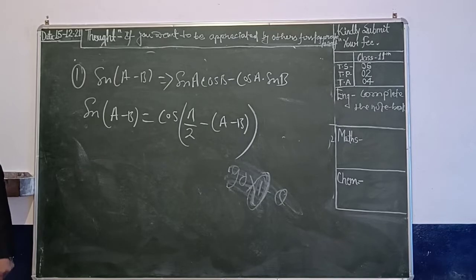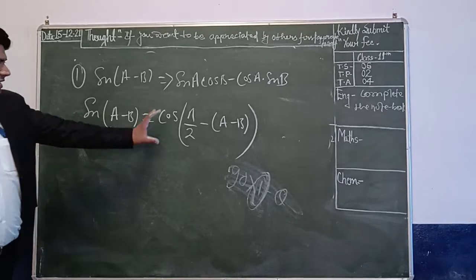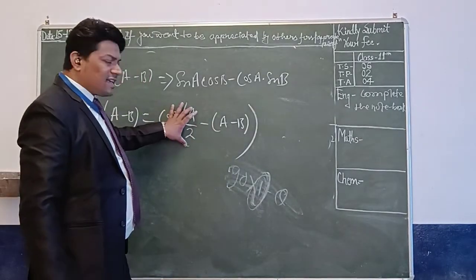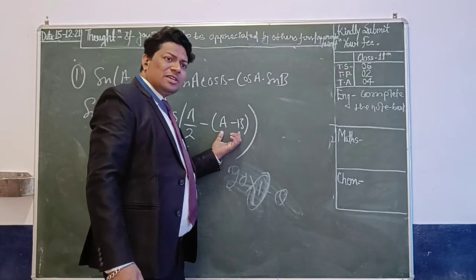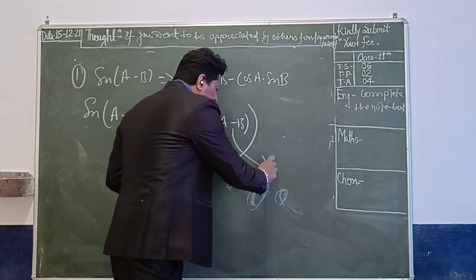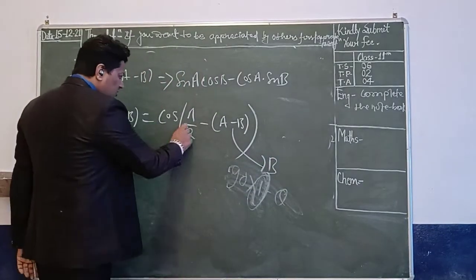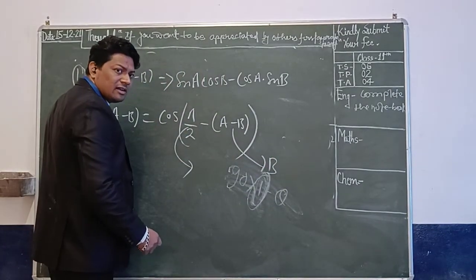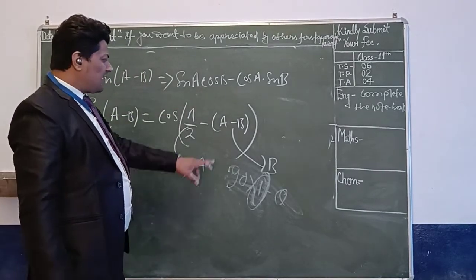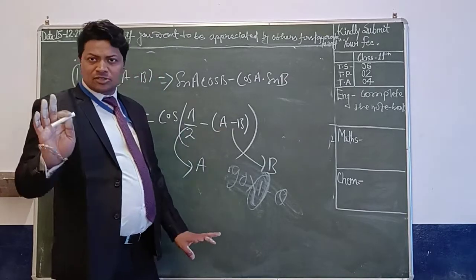So we have sin A minus B equal to cos pi by 2 minus A minus B. We have the formula cos A minus B. You can take pi by 2 as A and take the whole A minus B as B. Here you can take this one as A and the whole as B. Is it clear?